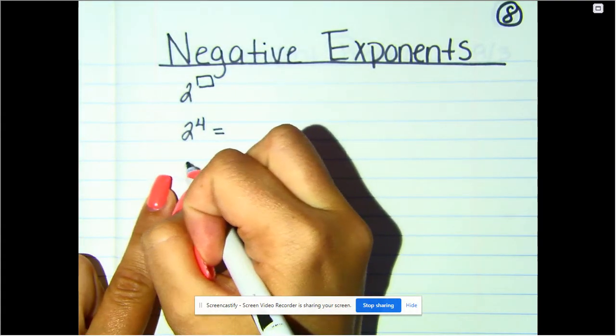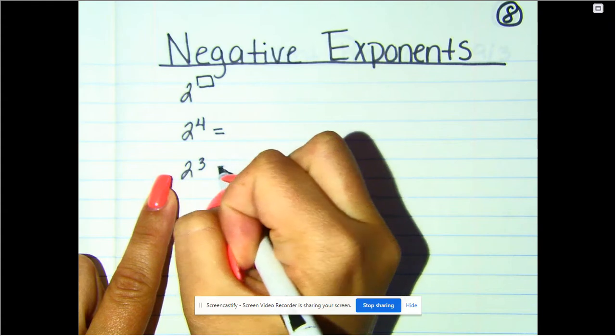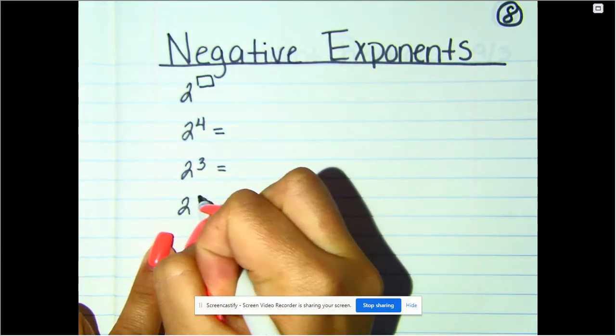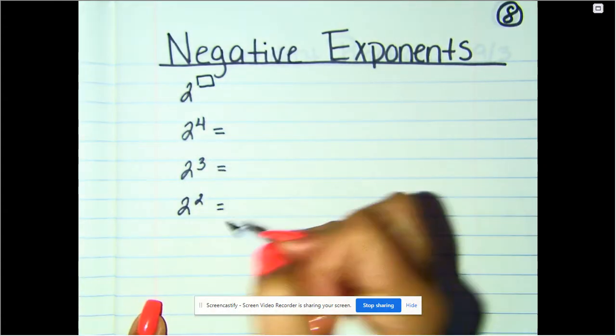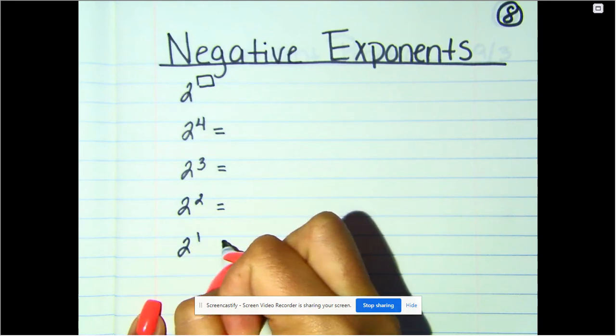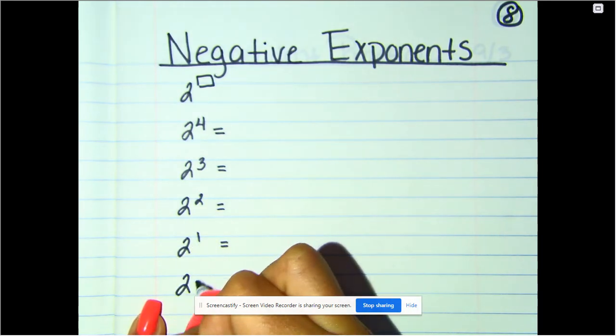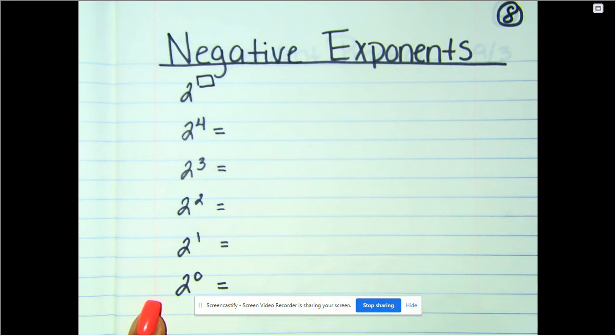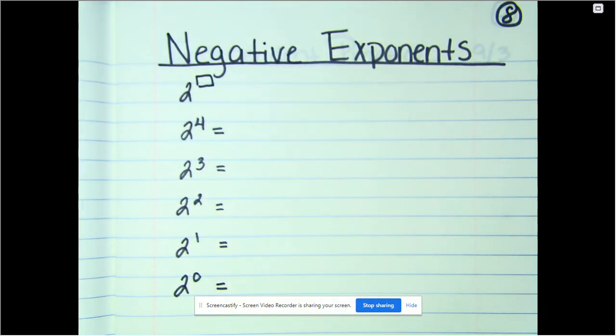Then we're going to do 2 to the 3rd power and expand it, 2 to the 2nd power and expand it, 2 to the 1st. Technically, we're about to see 2 different exponent laws today. So again, go ahead and pause this video so you can expand out your numbers by yourself first, and then join us again.